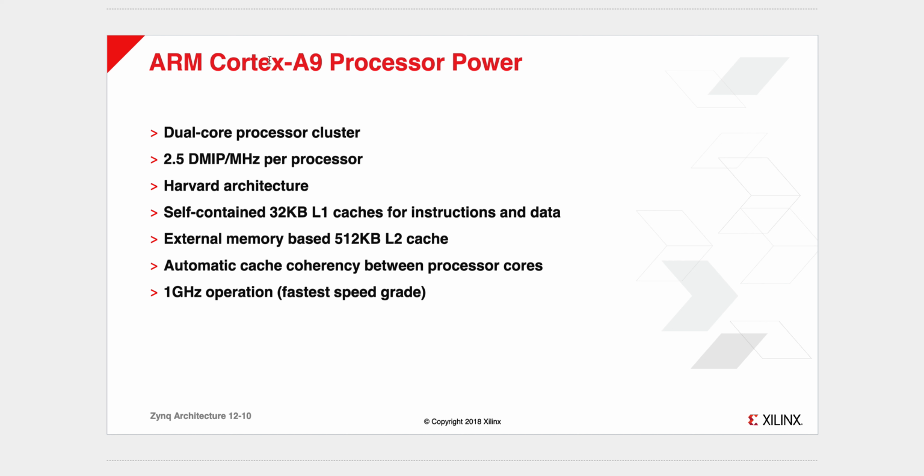Then the fourth one, we have a self-contained 32 kilobyte L1 cache. This is for instruction and data, of course. The 32 kilobyte L1 cache is a very small memory, as you can see, 32 kilobytes.